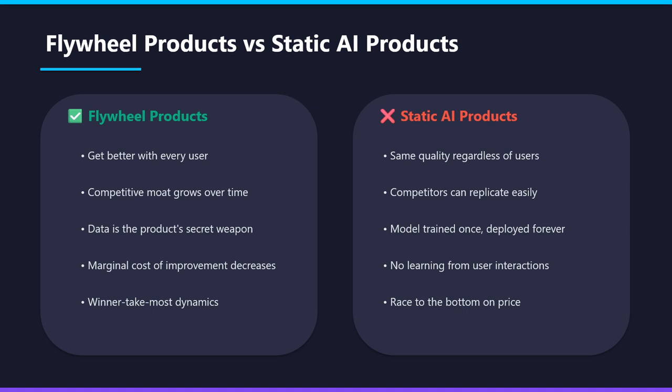These products compete on price because there is no differentiation that compounds. A GPT wrapper that calls the OpenAI API, which is static, anyone can build the same thing. A product that fine-tunes on user interactions and gets better for each customer, that is the flywheel. So much harder to compete with.